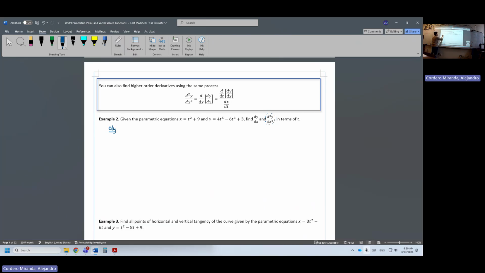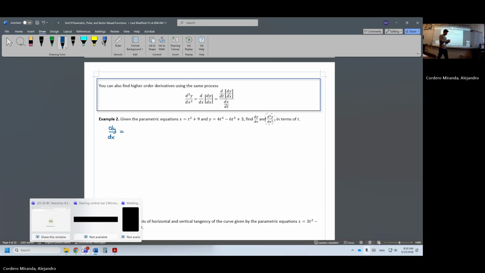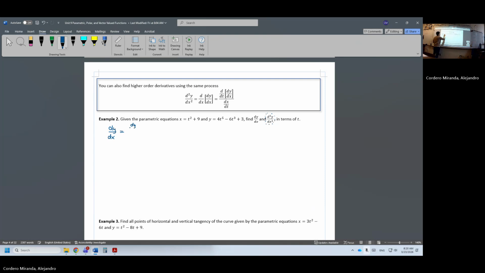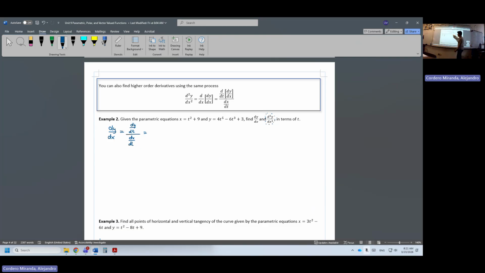So first, let me find dy/dx. Again, if you missed it, this is only a little bit of a problem because we get functions of t and functions of t, so you have to do the thing we did in the last problem, where you divide the y by the x.